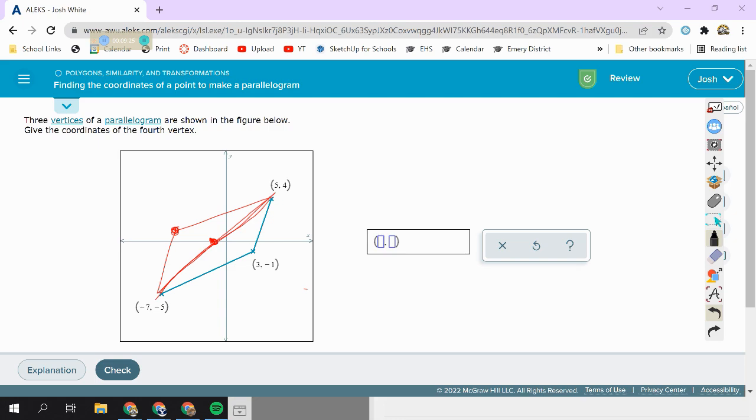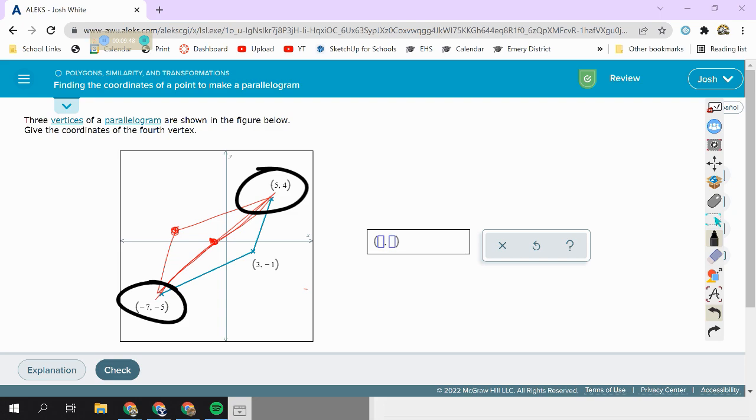Well, where is the center in reference to these 2 points? Well, it has to be halfway between the x's and halfway between the y's. How do we find the average of 2 numbers? Add them together and divide by 2.